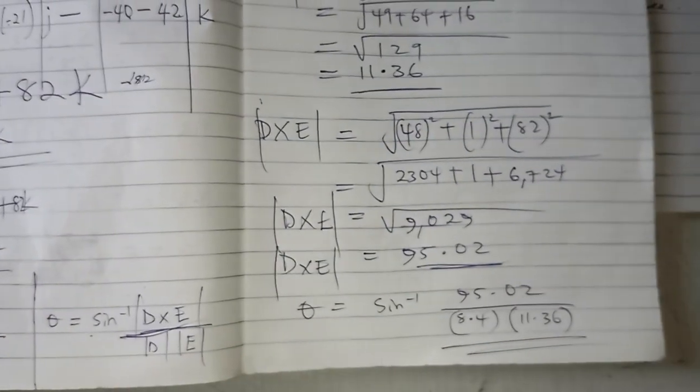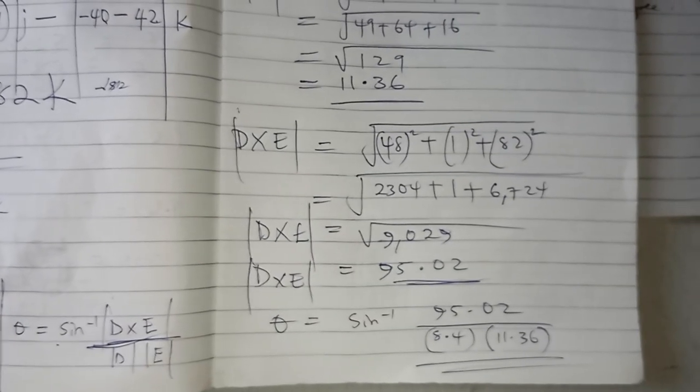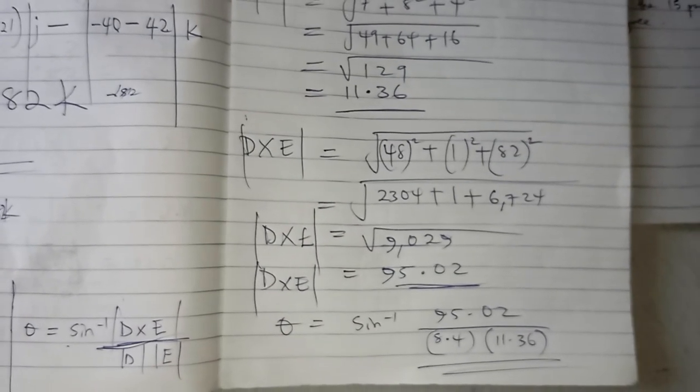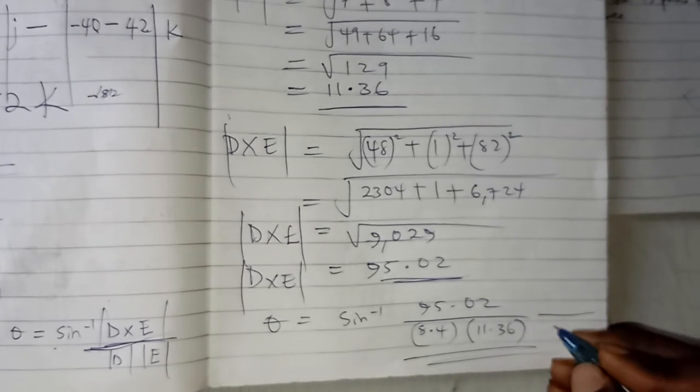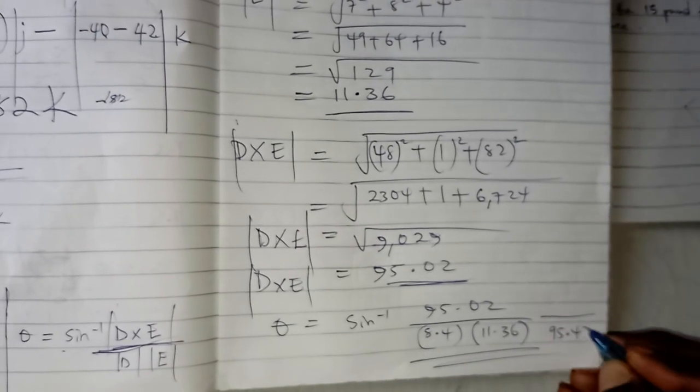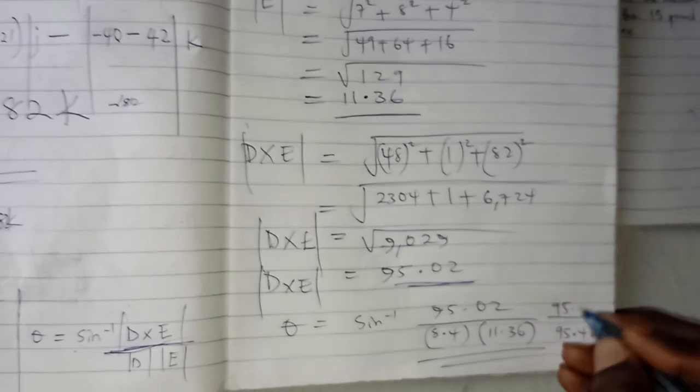Remember, this will be the same thing as saying 8.4 times 11.36, which is 95.424.